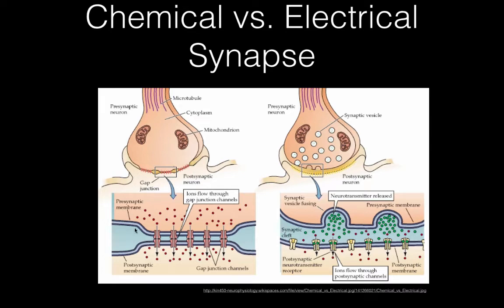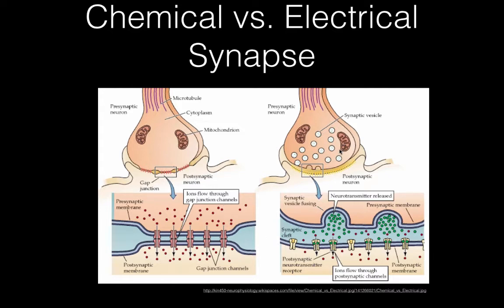Yes, they still have their distinct plasma membranes and they are two distinct cells, yet they are physically connected by gap junctions. These gap junction channels allow for ions and very small molecules to flow back and forth from cell to cell. These ions are just moving through diffusion.